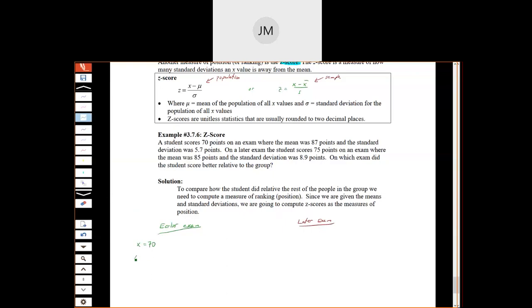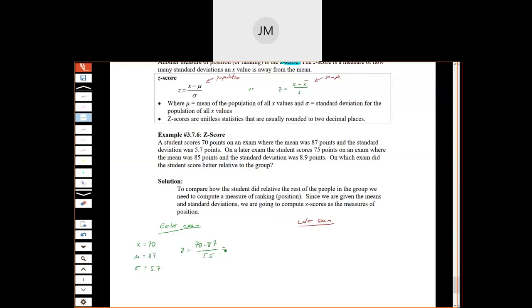The mean, I'm going to use my Greek letter mu for mean, was 87. And the standard deviation, my Greek letter sigma, was 5.7. So if I want to compute the z-score, I take 70 minus 87 over 5.7.